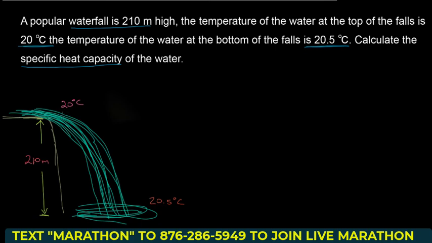Now the energy at the top of the waterfall will be in the form of gravitational potential energy. So that gravitational potential energy will be converted to kinetic energy at the bottom of the waterfall. Now that kinetic energy will cause the temperature of the water to increase.